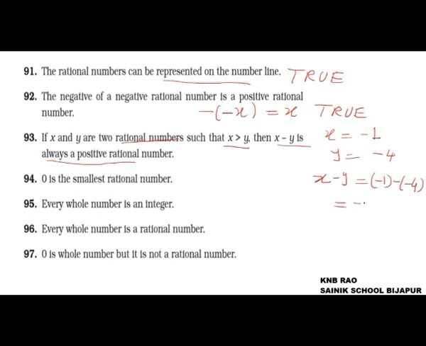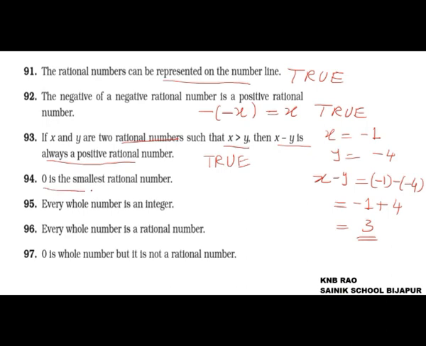Minus of minus is plus, and minus 1 plus 4 is plus 3. Is this positive or not? Yes. You can take various examples and cross check to verify whether it is true or not. So it is true.